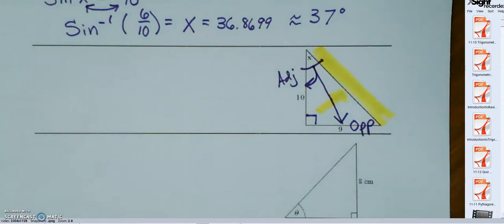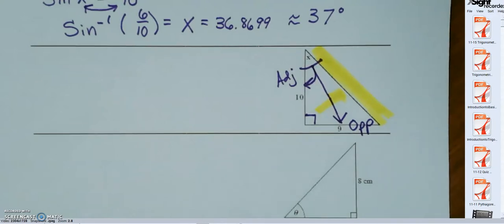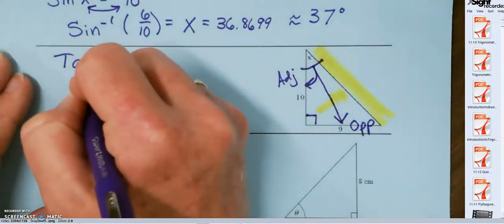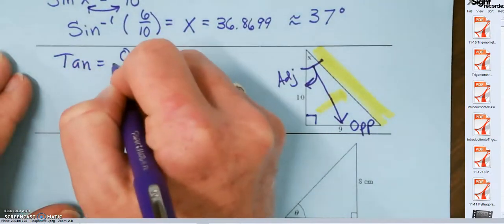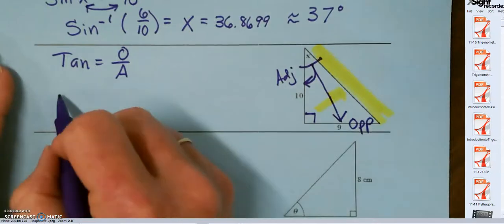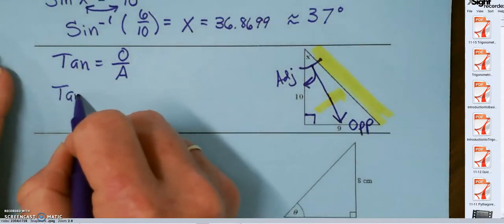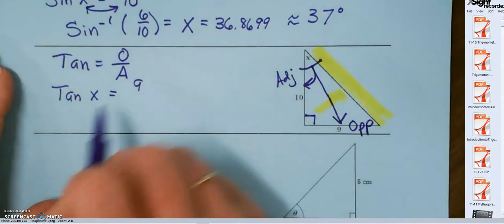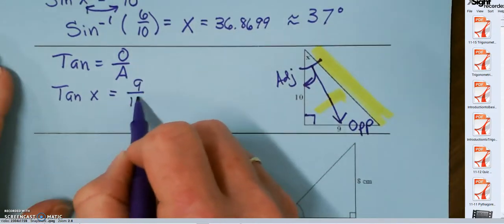Okay, vocabulary words. Opposite, adjacent. Which trig function uses the opposite and the adjacent? The tangent. So, the tangent is O over A. Now, plug in the numbers. The tangent of x is equal to 9 over 10.